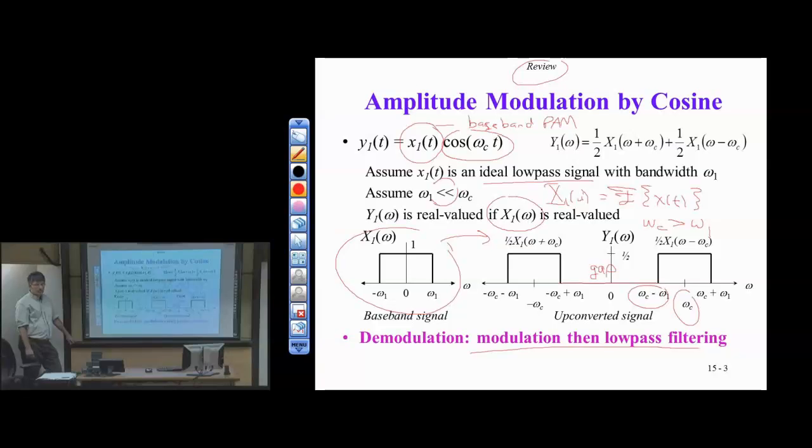And what else do I need to know? I need the frequency. So in practice, I need to know the carrier frequency and the phase of this first upconverted signal. All right, we'll have a second channel in just the next slide or so. And the low-pass filter has to know what?